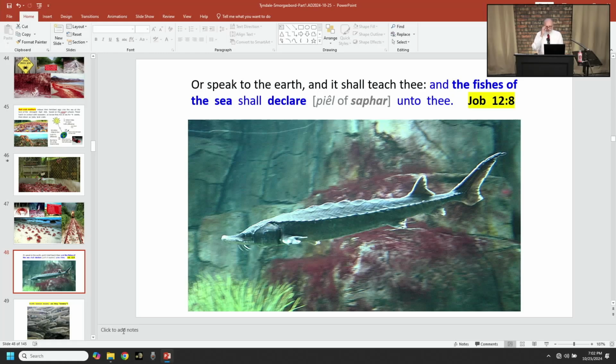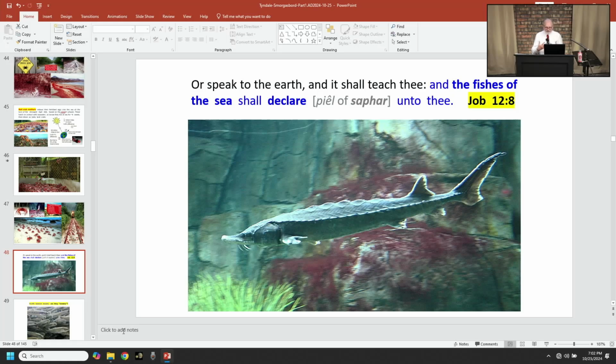And that is a form of the verb safar, which I mentioned earlier, has the idea of documenting something, writing down the details, making a record of it. So the participle form of that verb, sofer, is translated scribe, and a noun based on that verb, sefer, is translated book.